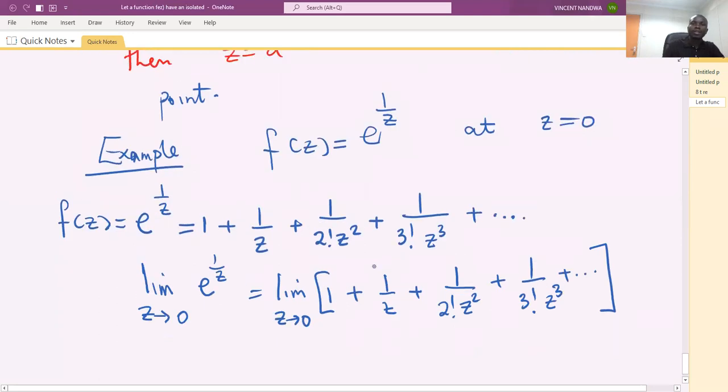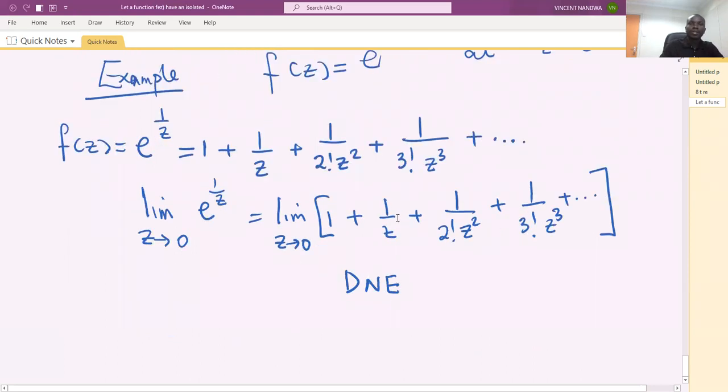Because we have z's in the denominators from this second term up to infinity, then this limit does not exist. Because we'll be dividing by 0 in each of the terms from the second to infinity.